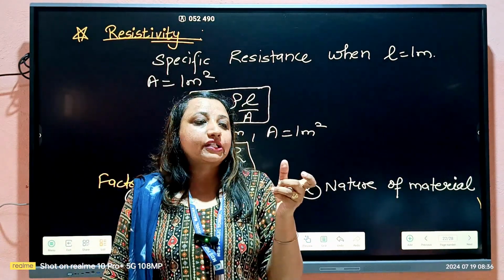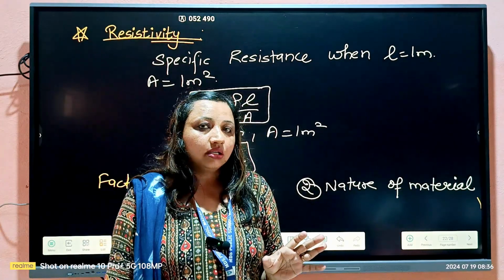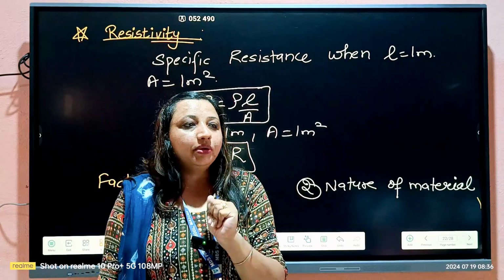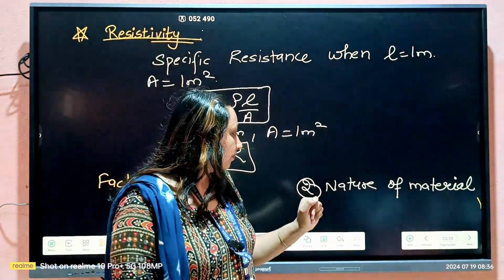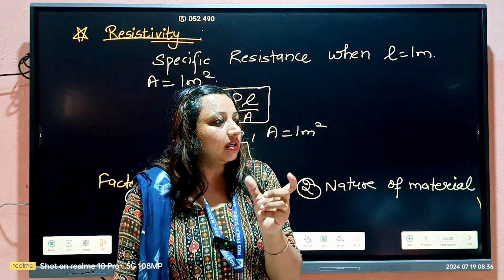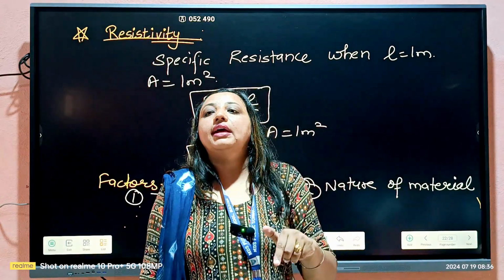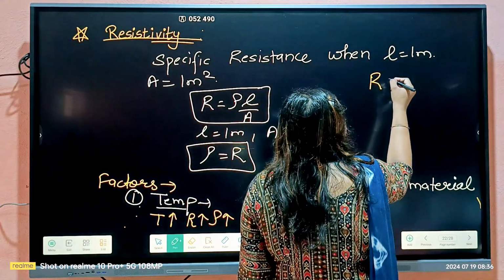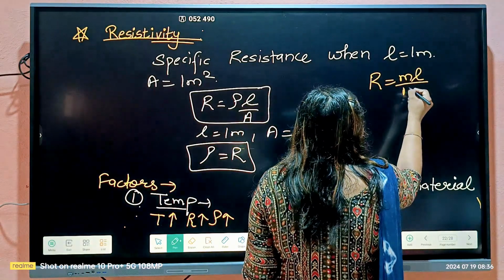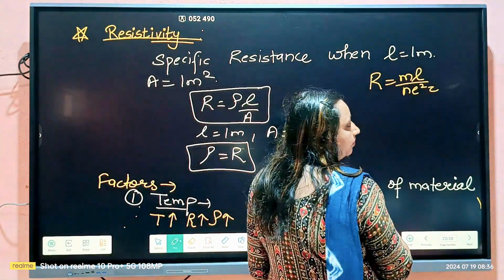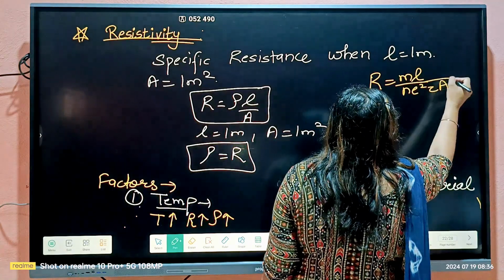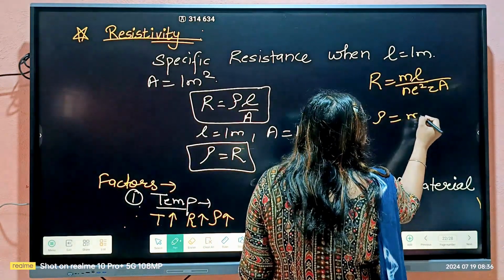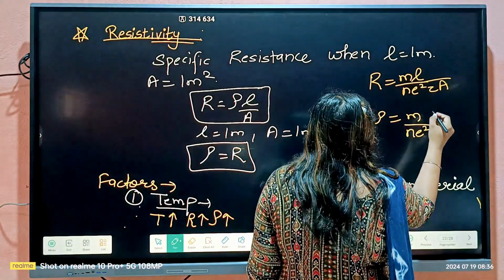And what is the effect of nature of the materials? We explain it with the help of electron density or the number density, the number of electrons per cubic meter, per unit volume. So R has an inverse relation with n. Resistivity also has an inverse relation with n. The formula for R, we conclude it with Ohm's law. R is equal to m L over n e square tau A, and for resistivity, m over n e square tau.